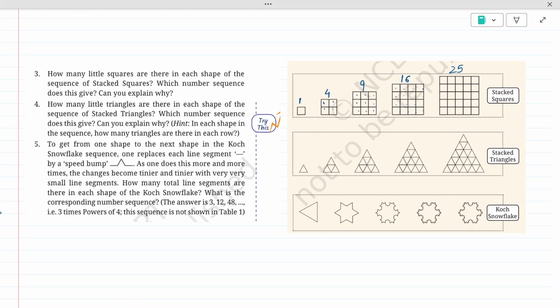I'm writing here. Answer number 3 is, this is following the sequence of squares.